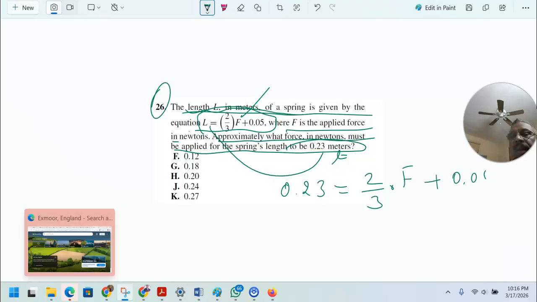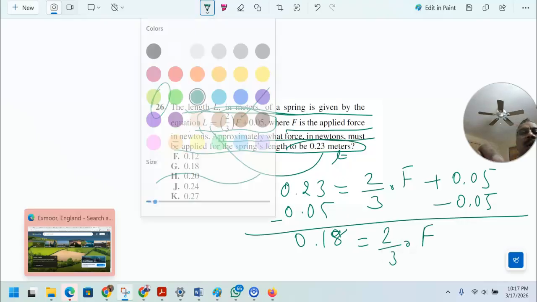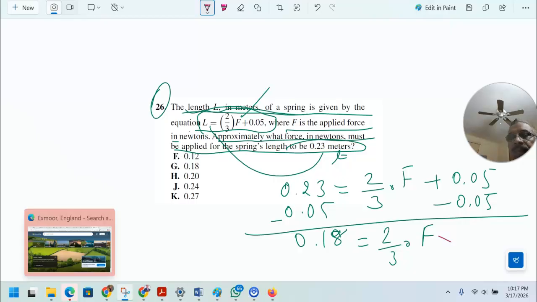All you do is subtract this number from both sides. When you subtract, you get 0.18, sorry, and this is 2/3 F. Then to solve for F, you multiply both sides by 3 over 2, the reciprocal of 2 over 3.